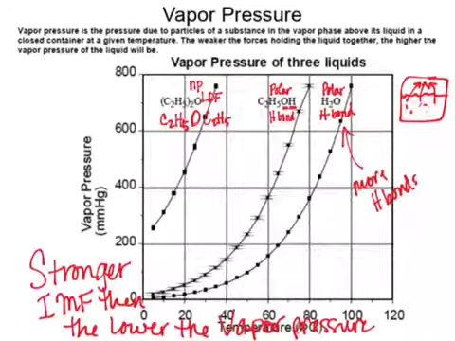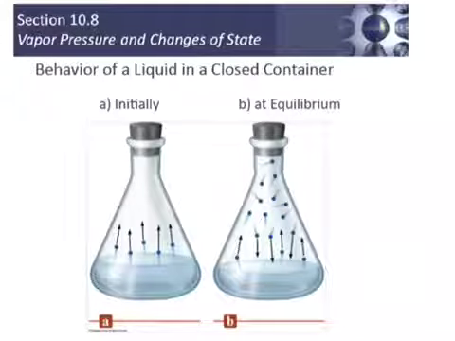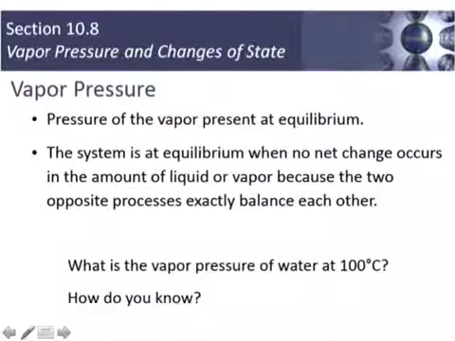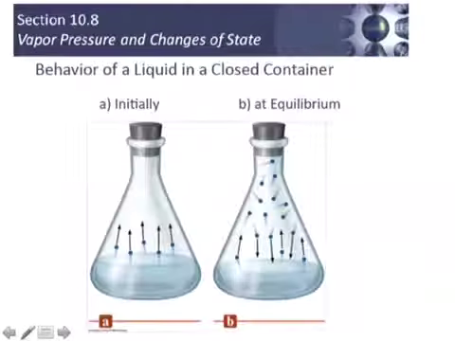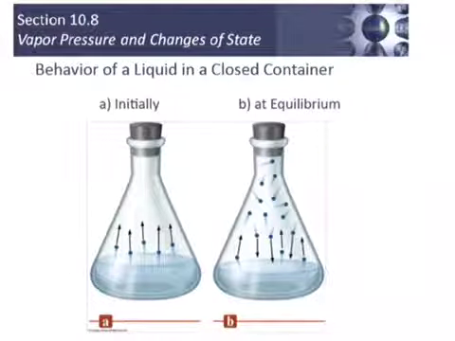Now, if we are looking at a closed container, everybody good with the slide before I move on? So if we look at a closed system, when we initially close the system, what is going on is that we have water going from a liquid phase to the gas phase.